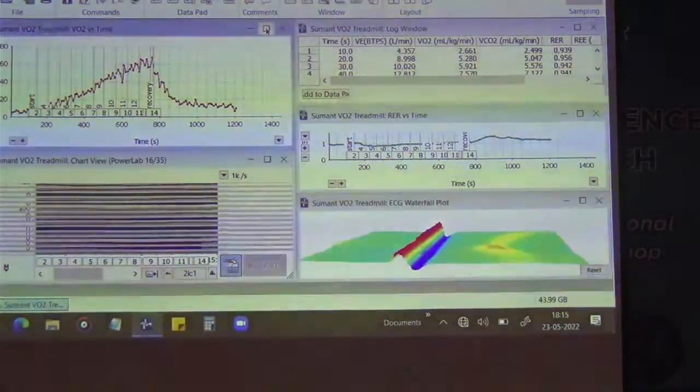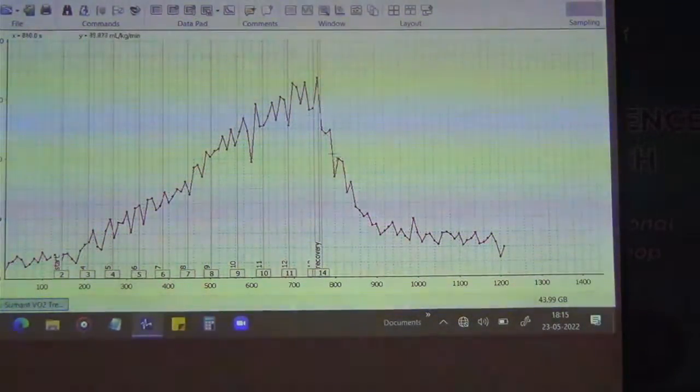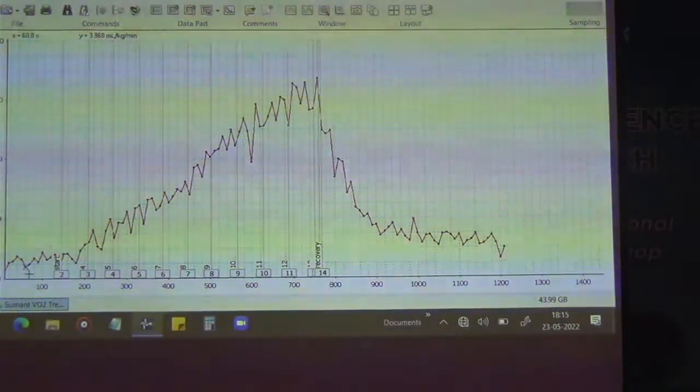Then moving on, volume calibration. For volume calibration we have a syringe with a known volume that you inject. Ideally it is a 3 liter syringe. There are different models of this system; in our lab we have some other model, and here we have the ideal set.